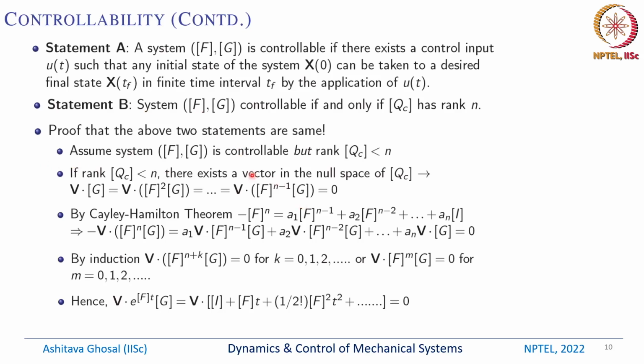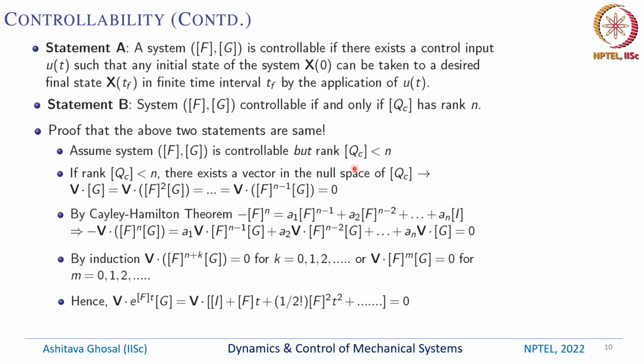So we assume F and G is controllable, but rank of QC is less than n. If rank of QC is less than n, there exists a vector in the null space of QC. If the rank is less than 3, I'm assuming n is 3, then there will be a vector in the null space of QC.